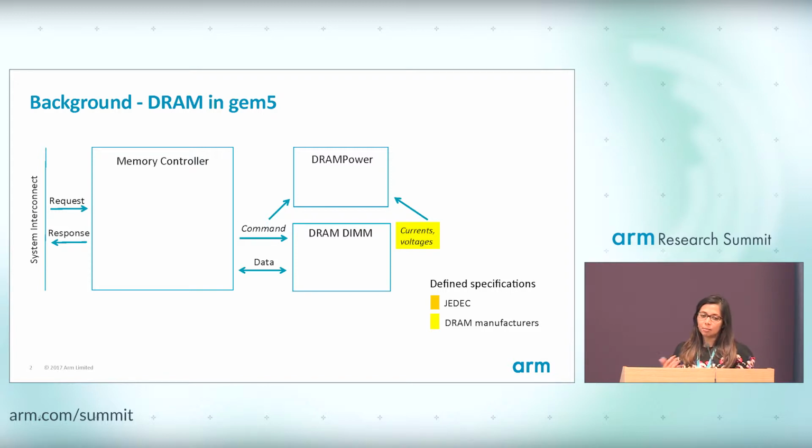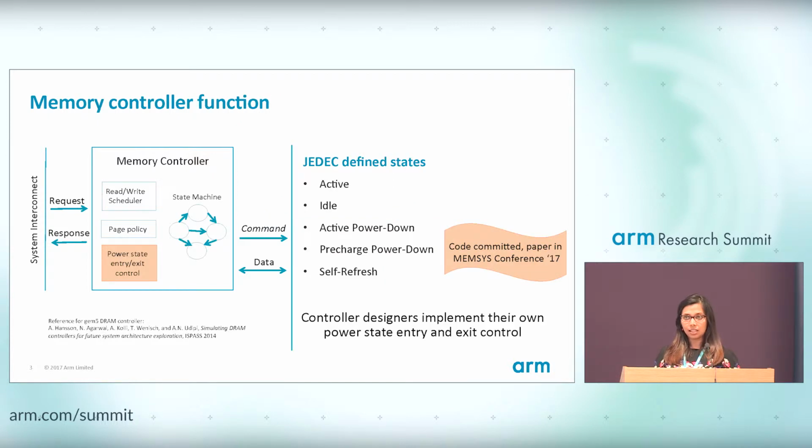Now diving deeper into the memory controller, going first into the basic power states. I'll go quickly through them. The active state is the normal operating state of the DRAM when it's able to service requests, and it's defined as at least one bank of the DRAM being open. The next state is the idle state, in which all the banks are closed, that is, pre-charged, but this is also a normal operating state.